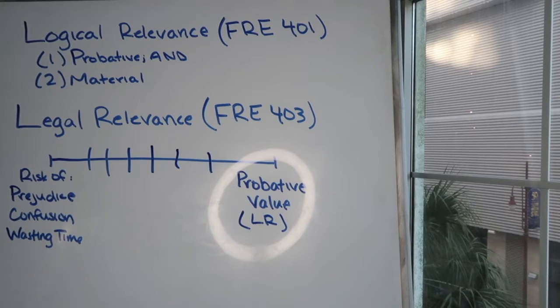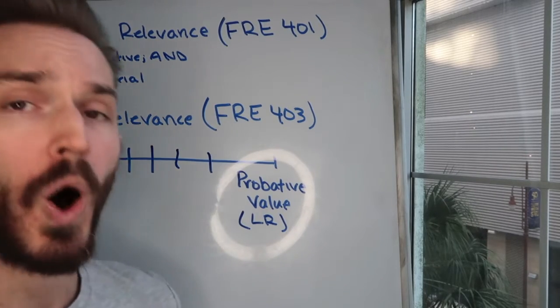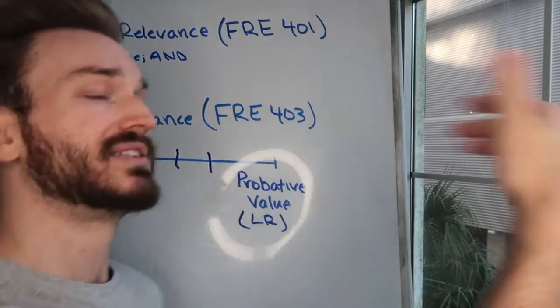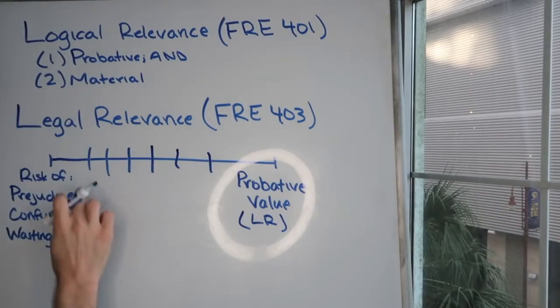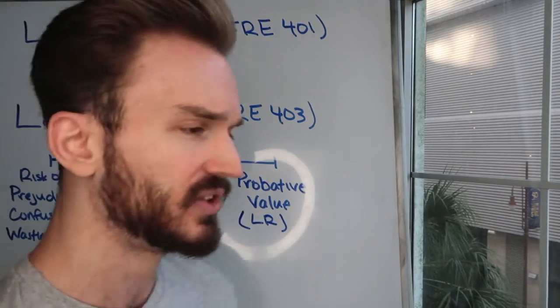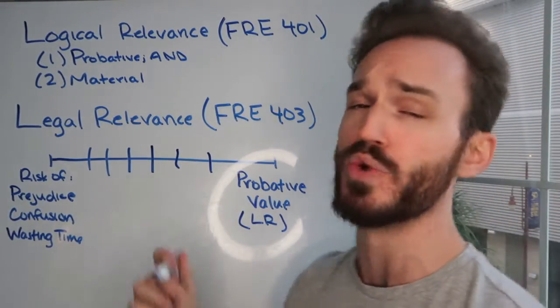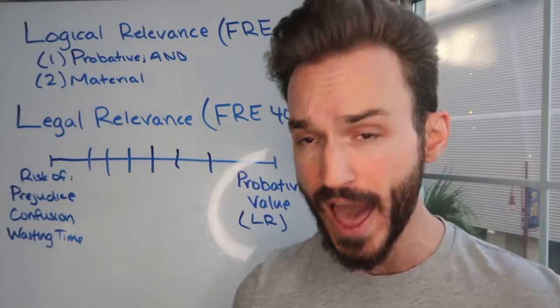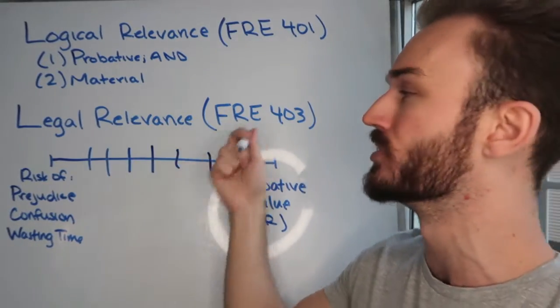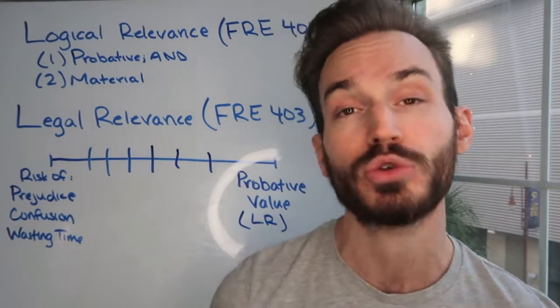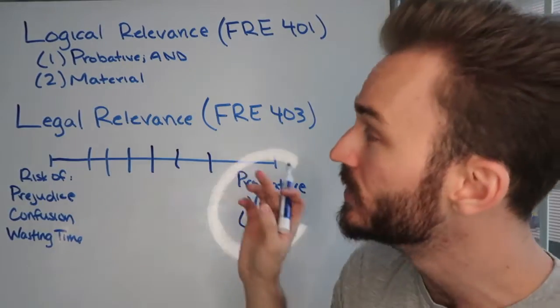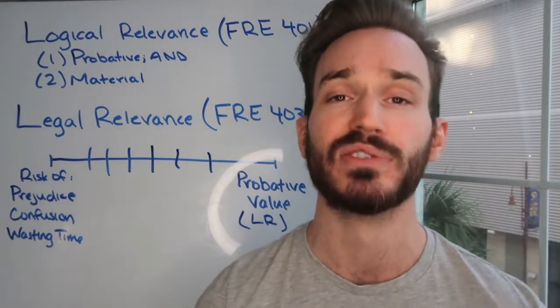And eventually, we're going to lose so much probative value with each additional photo that at some point, the risk of unfair prejudice is going to substantially outweigh the probative value of the next photograph. And at that point, we say it fails 403. That's no longer legally relevant, and the judge is going to exclude that piece of evidence.